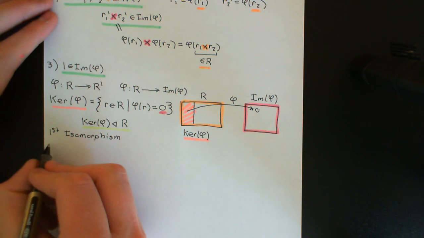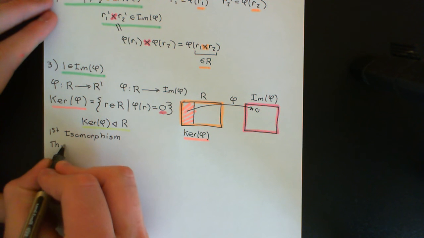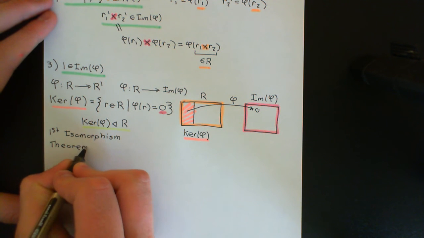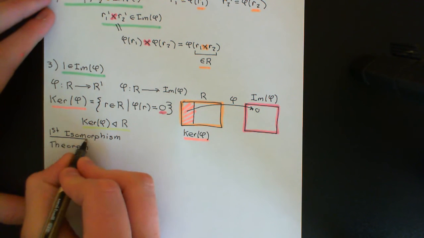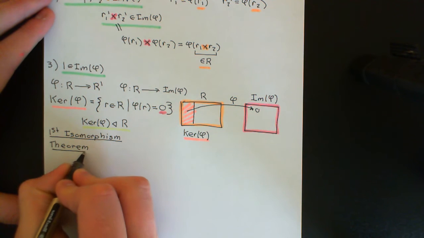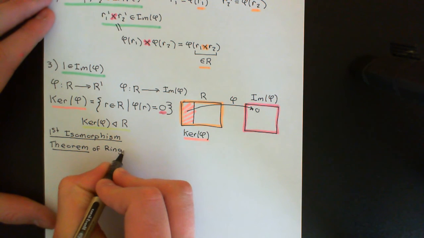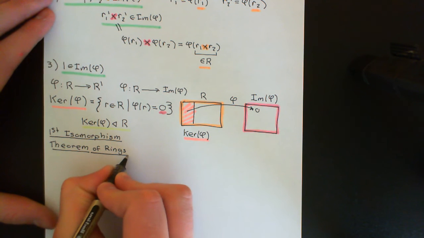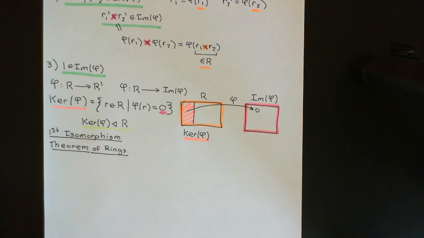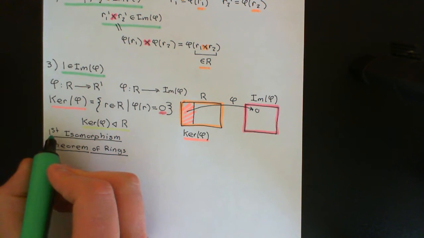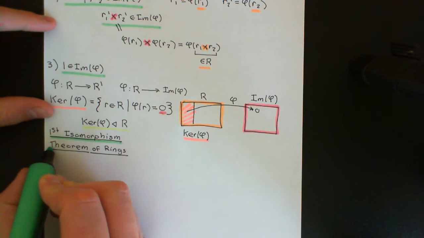But the first isomorphism theorem is the most foundational, and that's the one that we're going to go through here. If you like you can put 'of rings', or as it applies to rings, because there is a very analogous theorem for groups that does exactly the same thing but just for groups rather than rings. So you can add the first isomorphism theorem of rings there.